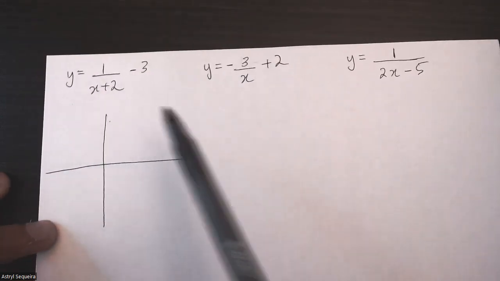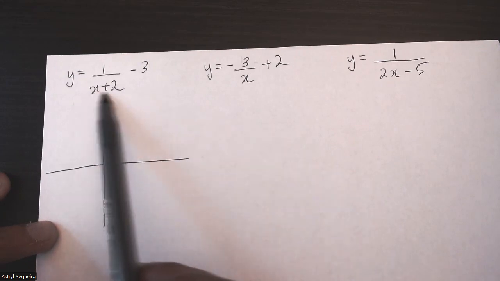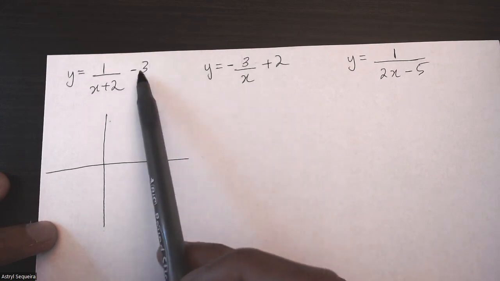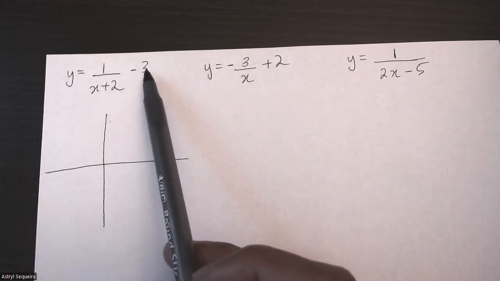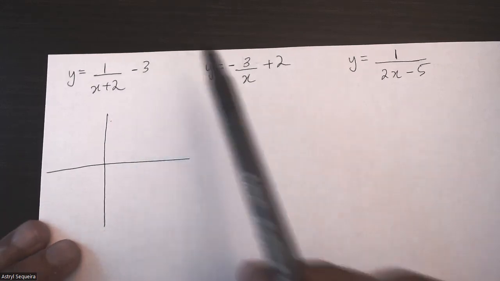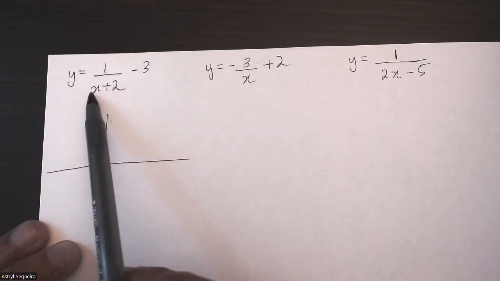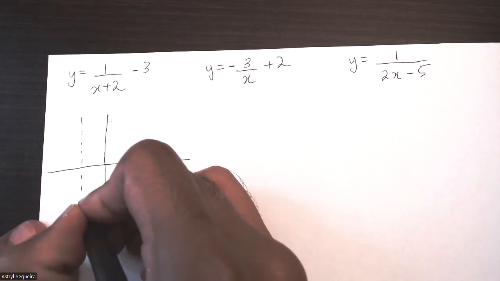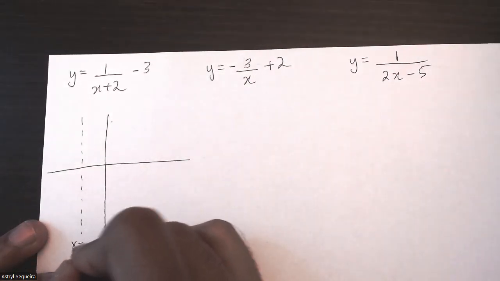Now, transformations will start moving the asymptotes around. So the denominator, anything added or subtracted, moves it left or right. And the number out here moves it up or down. And then there could potentially be reflections. So this one over here is going to move the asymptote 2 units to the left. So it's now going to be at x equals -2.